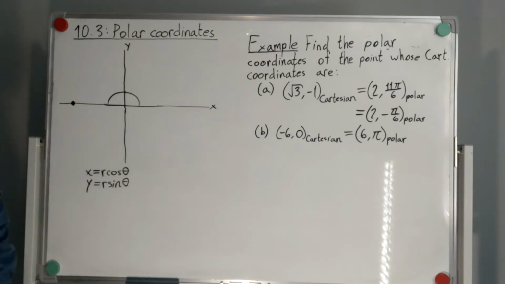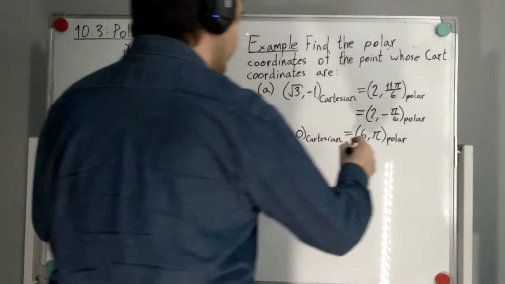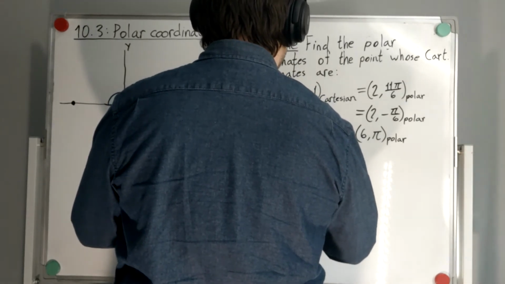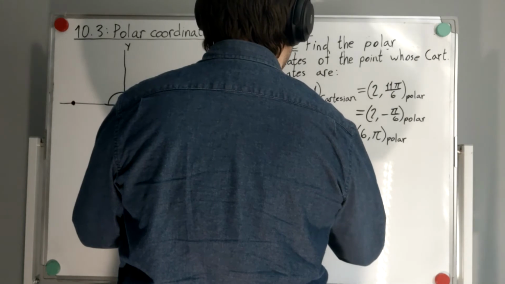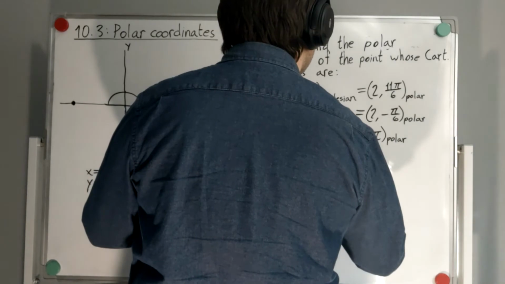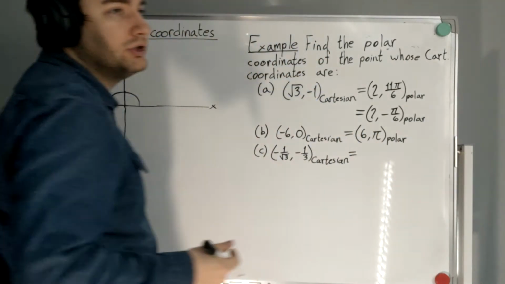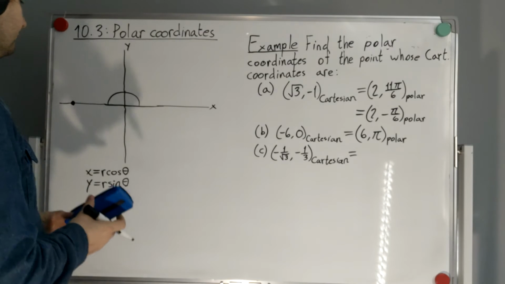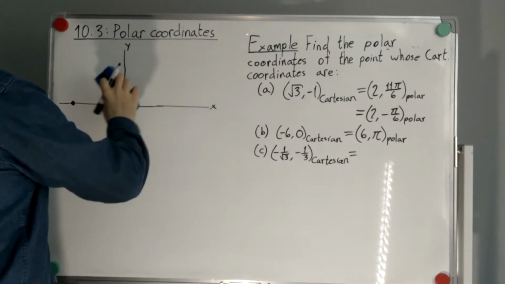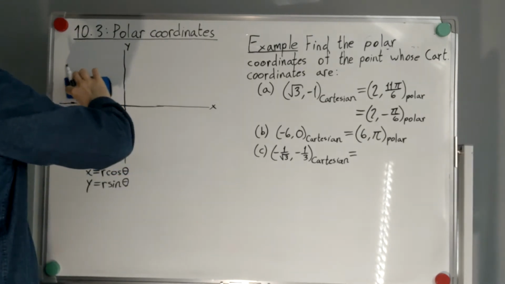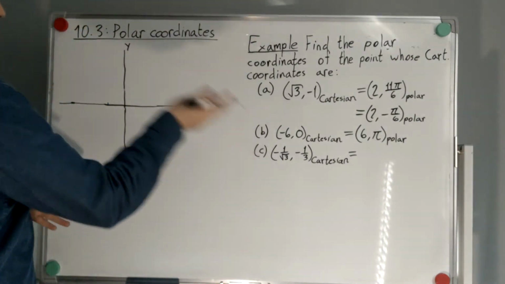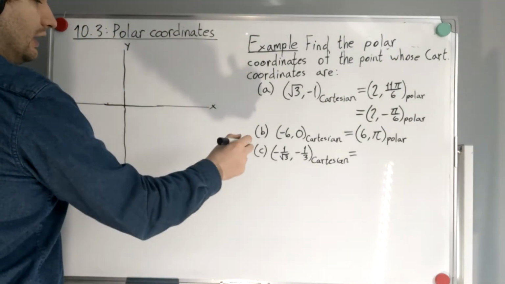Okay, and then finally we have -1 over root 3 and -1/3. Those are the Cartesian coordinates, and once again, we're trying to find the polar coordinates. That's somewhere in the third quadrant.